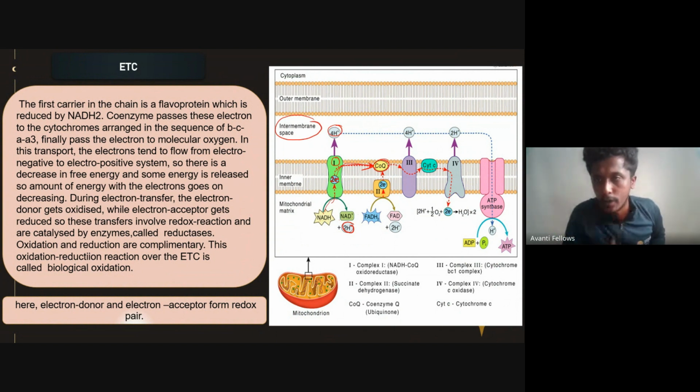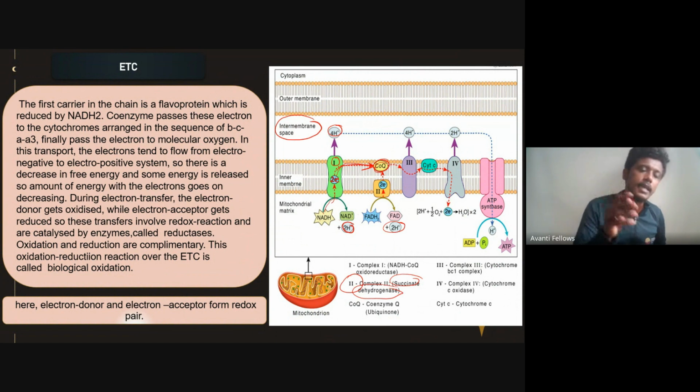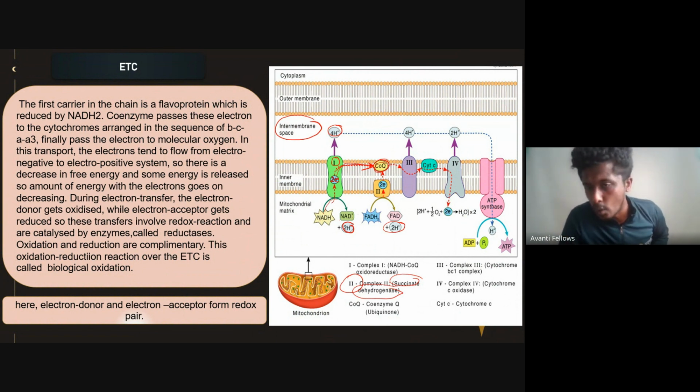That is complex 1. Now, if you come to complex 2, what is happening? In complex 2, FADH2 is reduced to FAD. Here also 2 hydrogen atoms are released. If you look at complex 2 here, it has something called succinate dehydrogenase. What will it do? It will convert succinyl CoA to succinate.